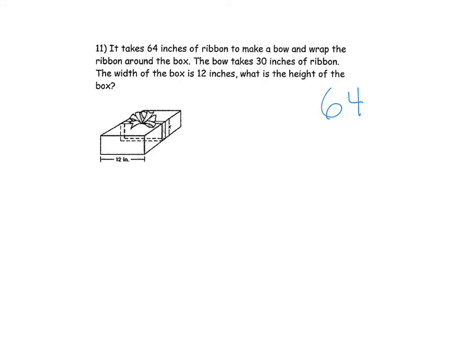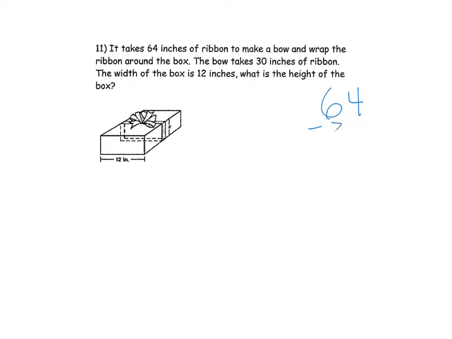If you make a bow on top of the box, how much is going to be around the actual square box part? Is it still 64? Didn't we use some of it for the bow? 34. How'd you get 34? Because you subtract the 30. You subtract the bow.